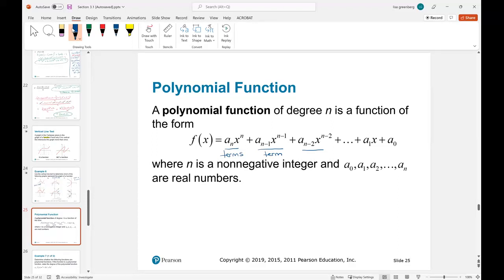So for something to be a polynomial, each term has to consist of a x to the n, where, and again, the same, all the a's are real numbers.